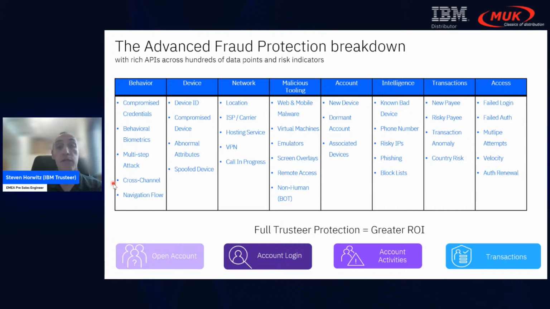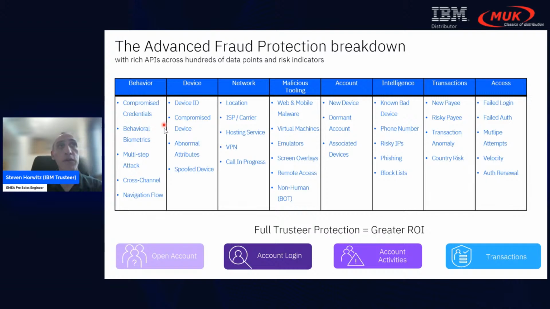If Trusteer is covering both web and mobile, the ability to understand the access cross-channel as being fraudulent is there because we've done such a good profiling job on the other channel. So they log in via the web, the fraudster logs in via the mobile. What we know about the web will give us an indication if this access is fraudulent on the mobile device.